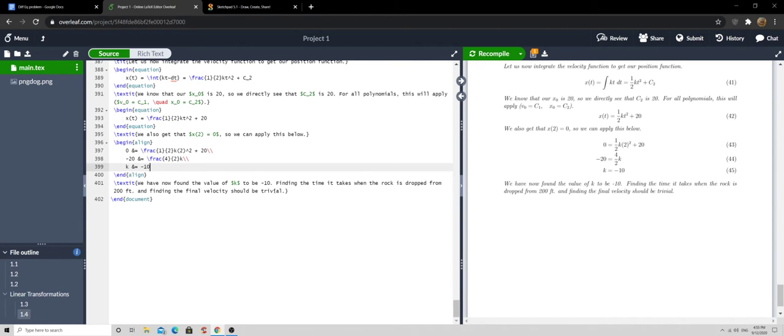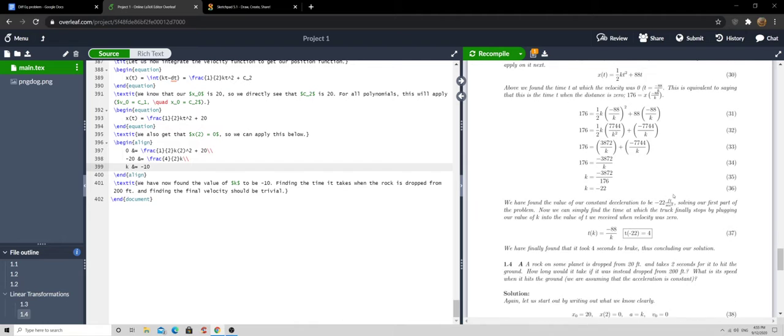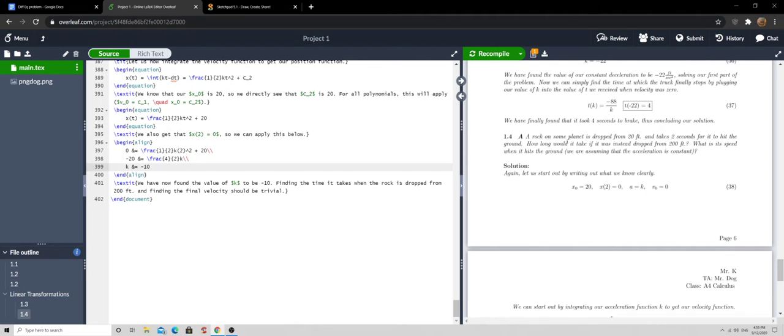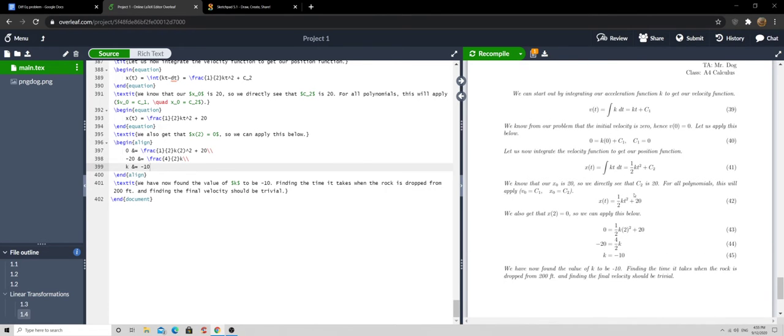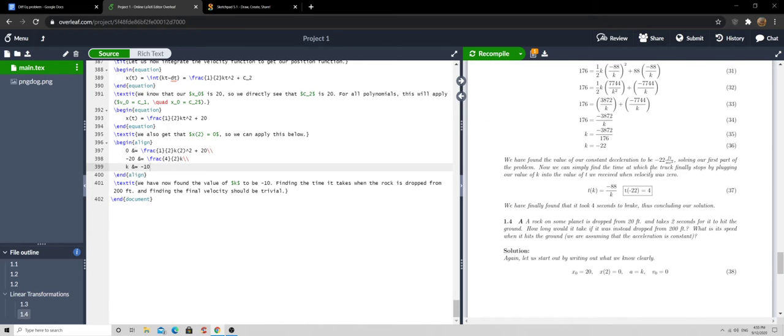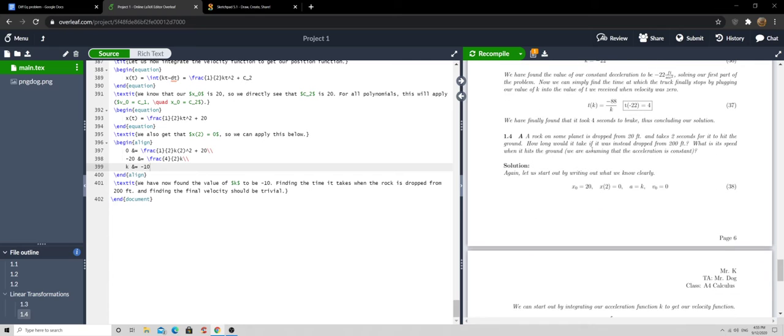So now what we need to do is, well, let's check it out. The question asks how long would it take if it was instead dropped from 200 feet? Did it say how long? Let me check. Yeah.